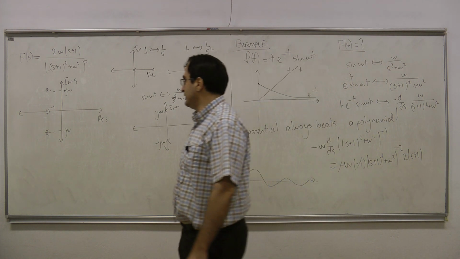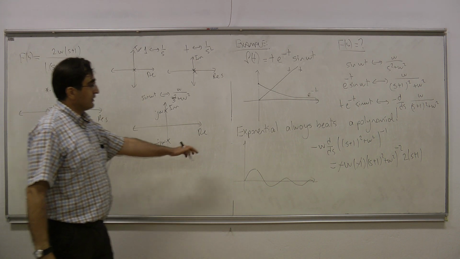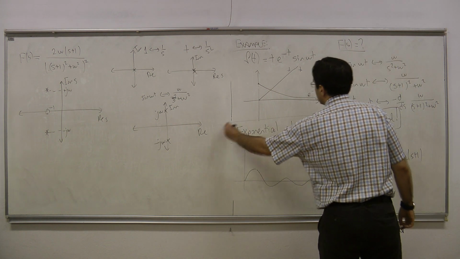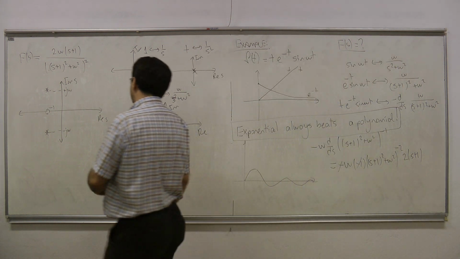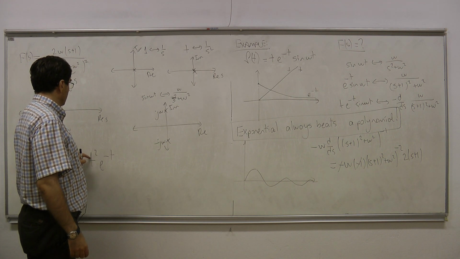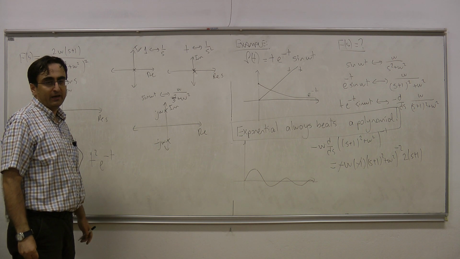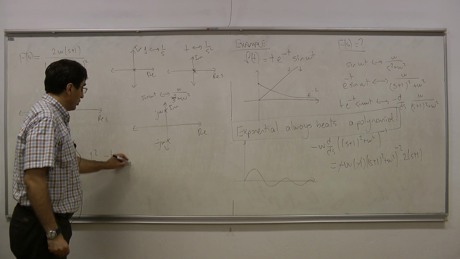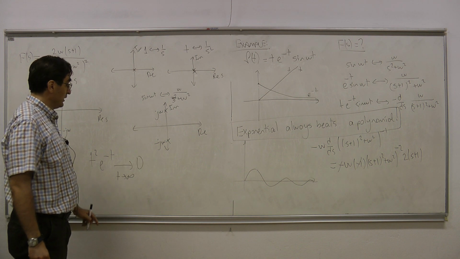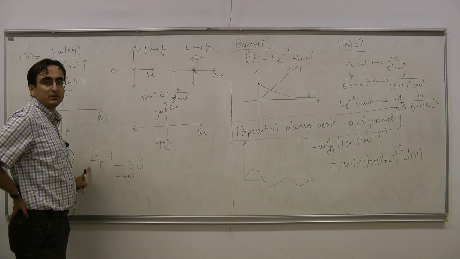Before I continue here, I would like to emphasize that the exponential always beats a polynomial. This is also true for other things, for example, t squared e to the minus t. T squared is growing, e to the minus t is decaying, but the overall thing as t goes to infinity will go to 0, because this decaying exponential will beat the increase of this polynomial.